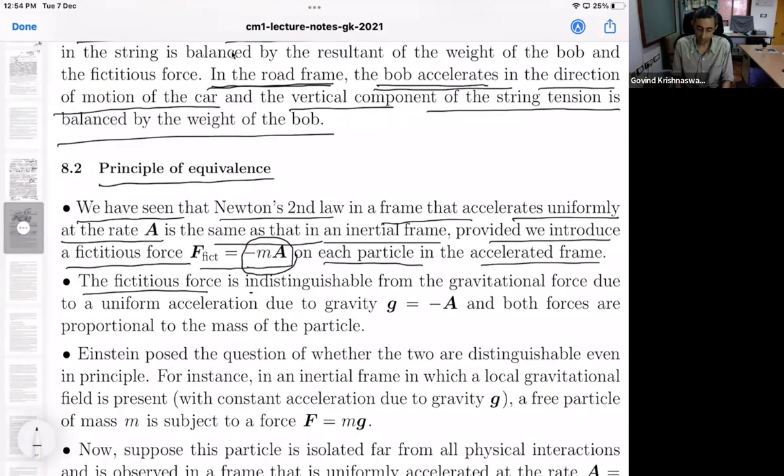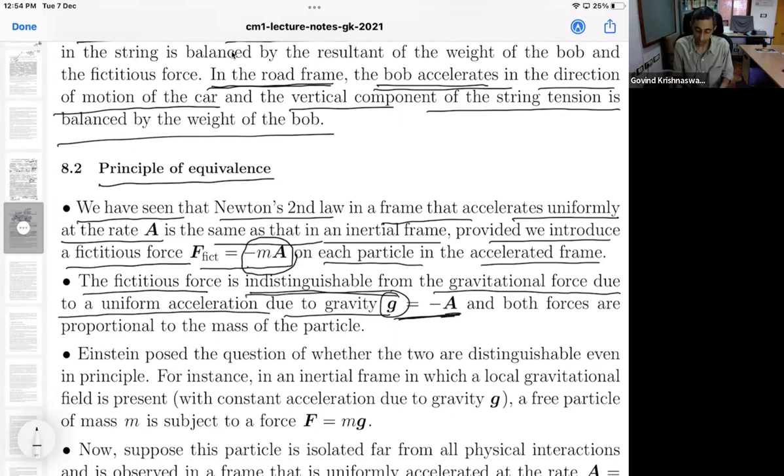The fictitious force is indistinguishable from the gravitational force due to a uniform acceleration due to gravity given by g equal to minus a. So this is part of the recipe. You have to take g as minus a. Now, in saying this, I have to be careful.